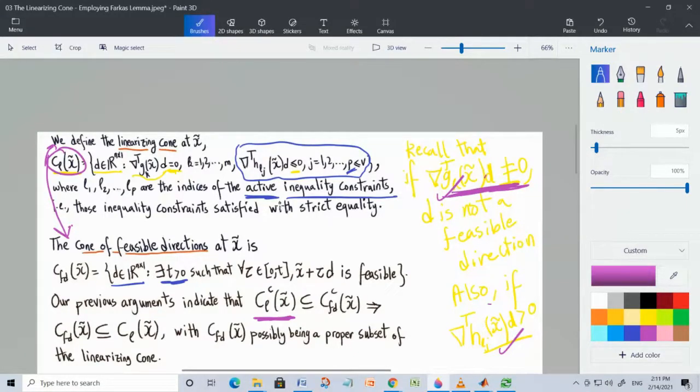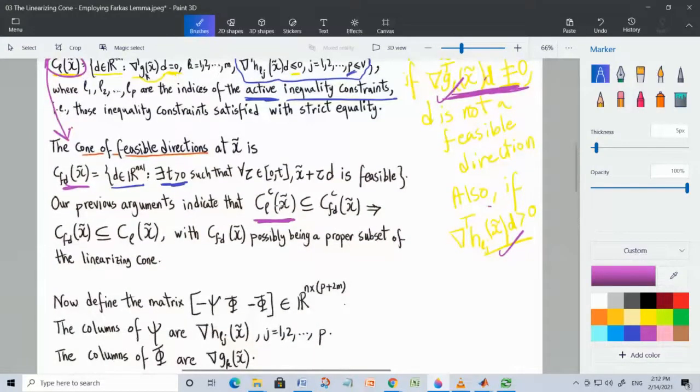And so by our previous arguments, the complement of this cone belongs to the complement of the cone of feasible directions. This means that the cone of feasible directions is a subset of the linearizing cone, and later we will see an example that they are not necessarily the same. It may be the case that the cone of feasible directions is a strict subset of the linearizing cone.